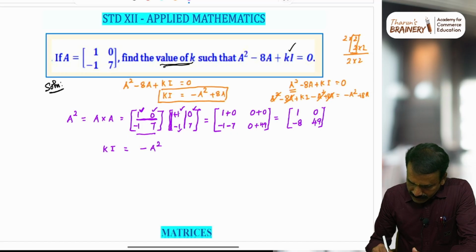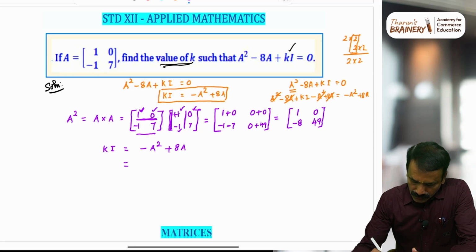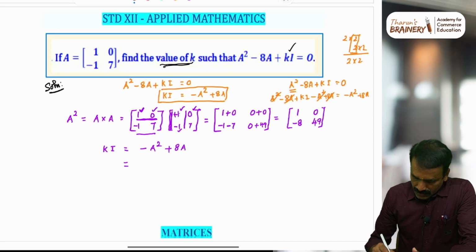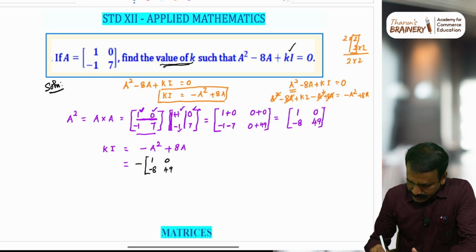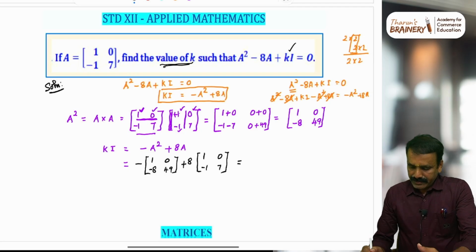Minus A square plus 8A, which is equal to minus of, we substitute A square value, 1, 0, minus 8, 49, plus 8 into A. A matrix is going to be 1, 0, minus 1, 7. So we simplify this expression again.